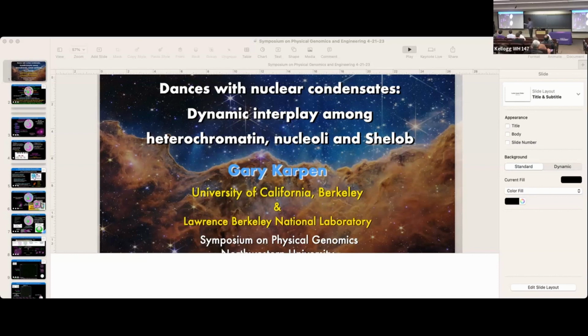You can see this in this movie. Here's the fibrillarin neocondensate, and you can see down here and up here, as cycle 17 moves forward, this void appears.